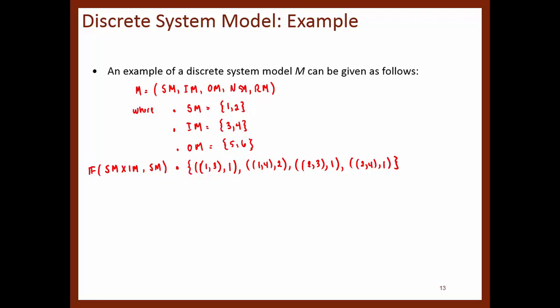And the last one says if you're in state 2 and you receive an input of type 4, then you're going to go to state 1. So this function, again, is representing the changes in your system. Changes in terms of state. Okay, so this is our NM function.